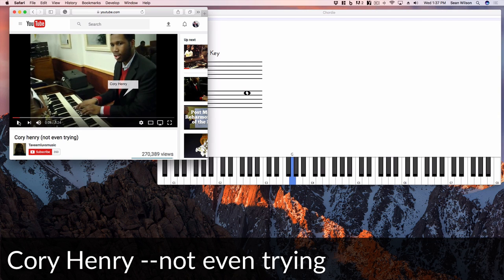I know that he can't be using minors, because if he were using minors, he wouldn't be hitting a G natural. He should be hitting a G flat. So that one note tells me a lot, because it tells me that he's going from minors to majors somewhere. And again, this is theory. This is what I'm using to transcribe. Theory and relative pitch.